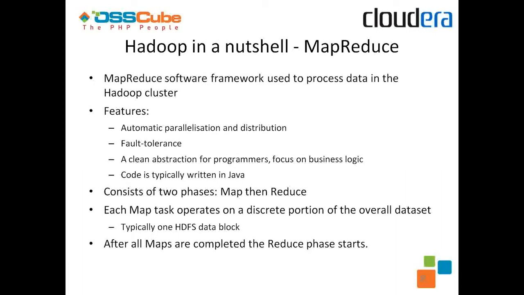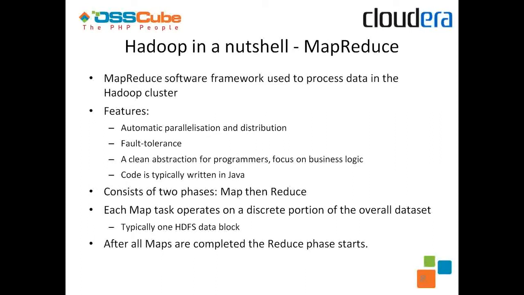It's all abstracted away from the programmer, and the whole MapReduce framework will utilize multiple nodes to process a single data set. There's also fault tolerance: even if a machine breaks down while a MapReduce process is running on it, no problem. The framework will start a new task on another machine to continue the work.